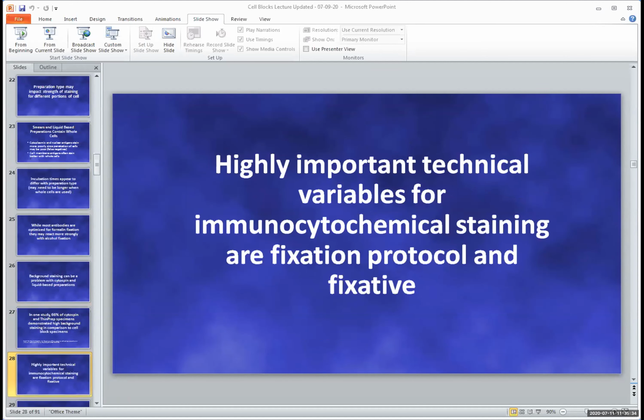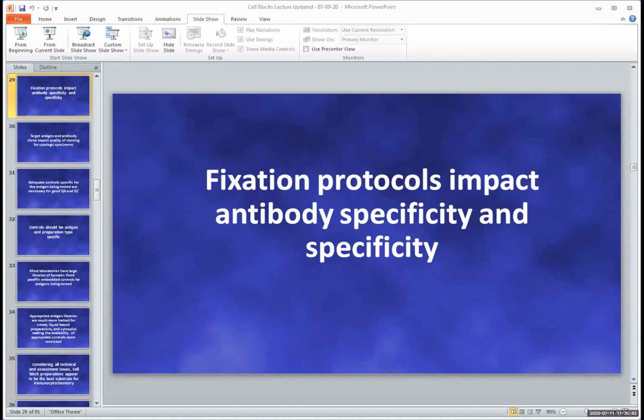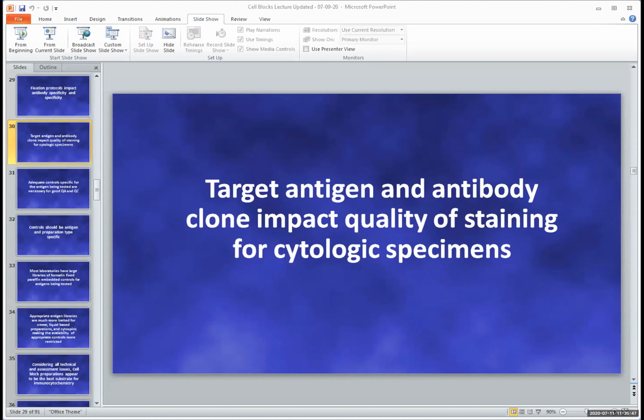Now, highly important technical variables for immunocytochemical staining are, of course, fixation protocol and fixative, as I've already alluded to. Fixation protocols impact antibody specificity and sensitivity. Target antigen and antibody clone impact the quality of the staining for cytologic specimens, so you need to have experience with the antibody clone you're using.